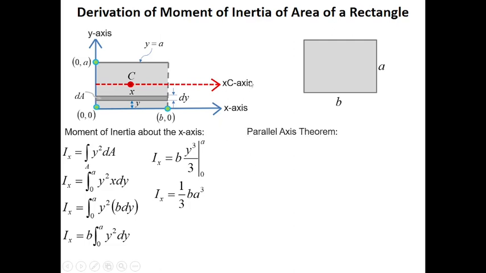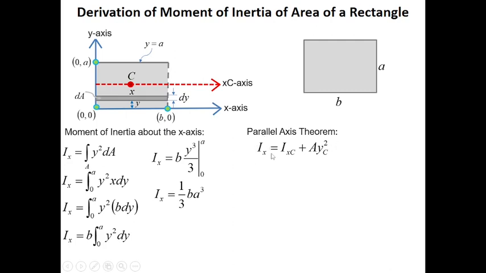So, para makuha natin yung moment of inertia about the xc-axis, gagamitan natin ang parallel axis theorem. Okay? Parallel axis theorem. So, this is a lesson in engineering mechanics. So, ang parallel axis theorem ay ito. Ix equals Ixc plus A yc squared. Okay?